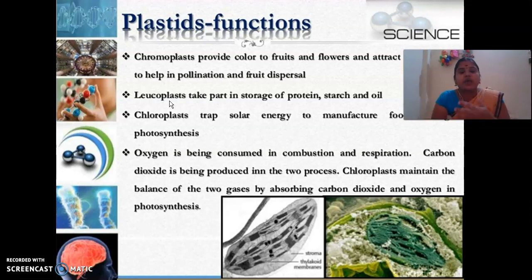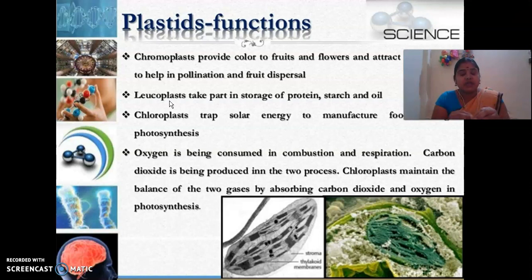Okay. And next, oxygen is being consumed for what? Combustion and respiration. You are respiring, and combustion is for burning purposes. And carbon dioxide is being produced in two processes. Chloroplast maintains the balance of these two processes.